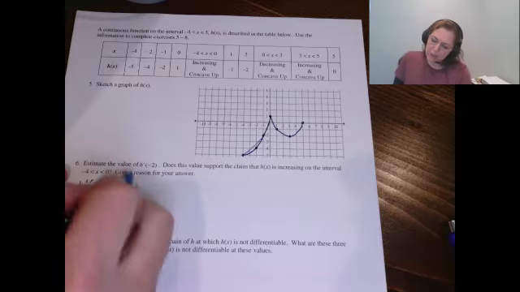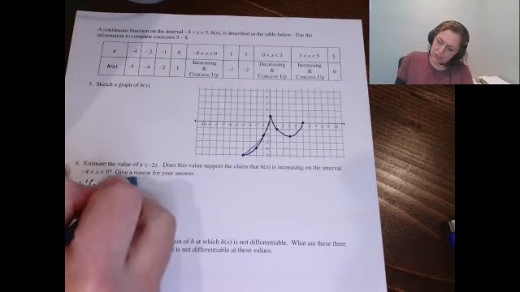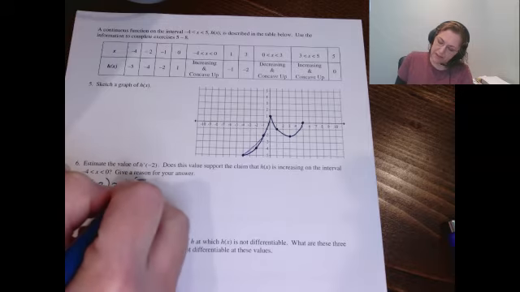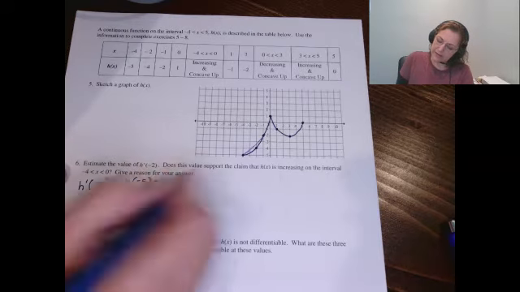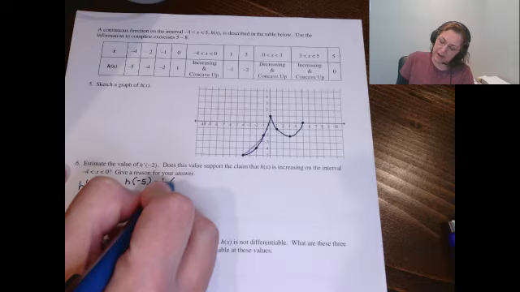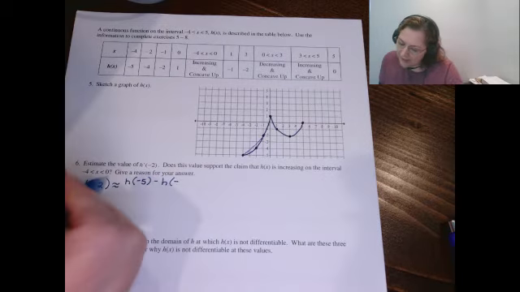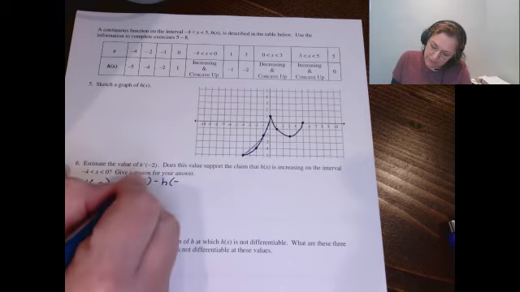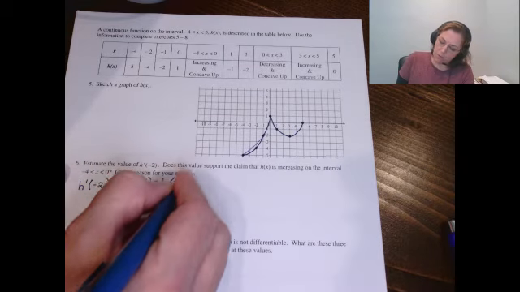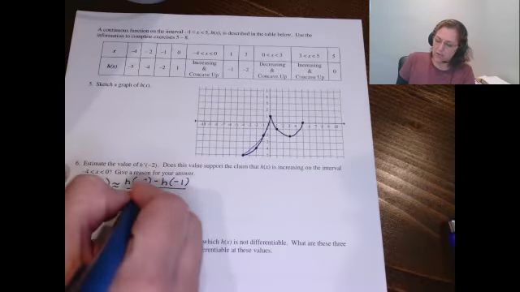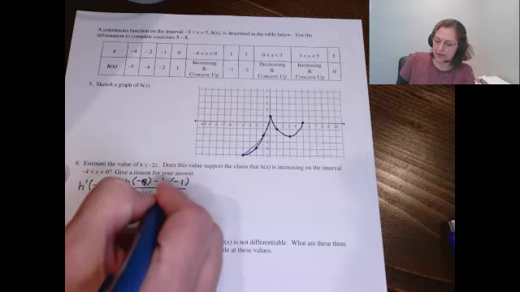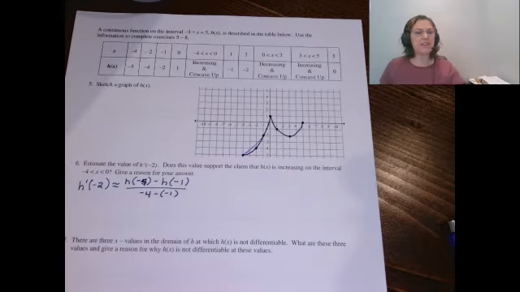way. So I'm going to do it as h of -4, excuse me, minus h of -1 over -4 minus -1. You may be saying, well, where'd you get that from? Think about algebra slope.